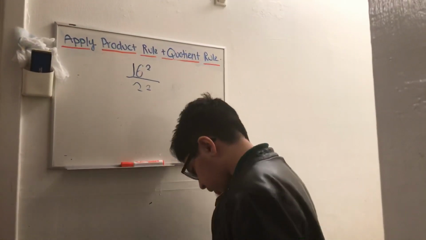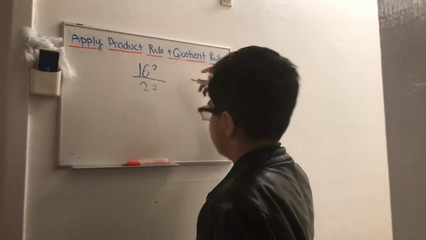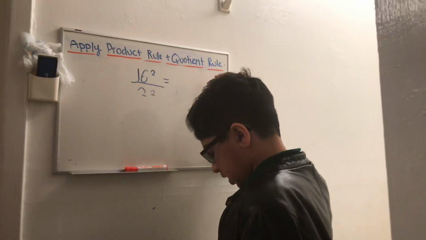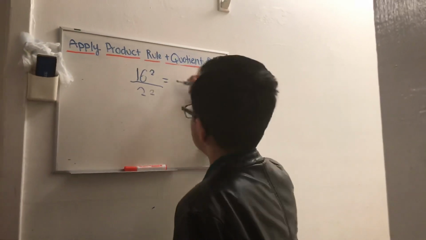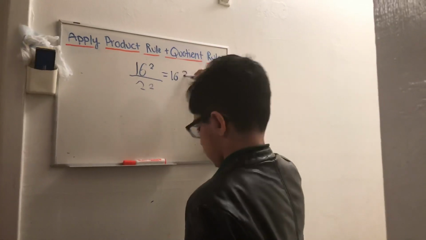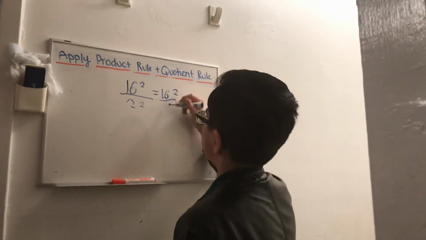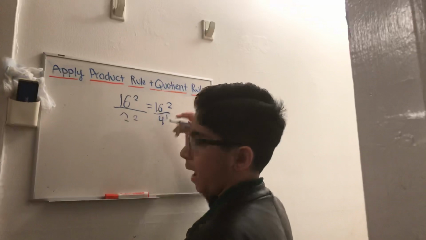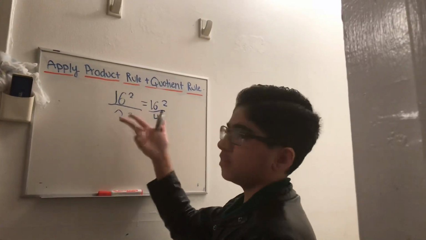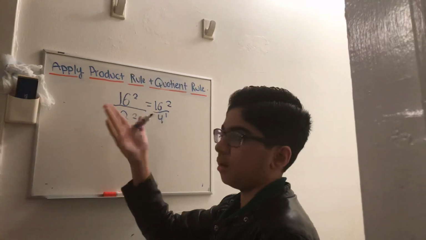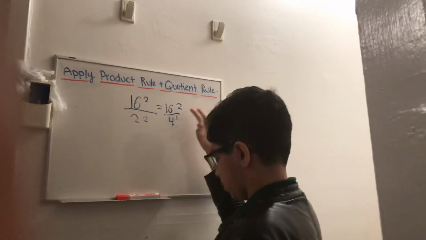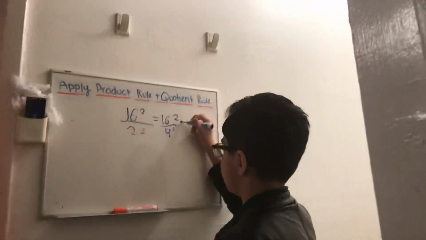So what you would do here is simplify this, so it would result in 16 squared over 4 to the power of 1, because 2 squared is the same thing as 4, and 4 to the power of 1 is the same thing as 4, so you can rewrite it as 4 to the power of 1 to make it easier.